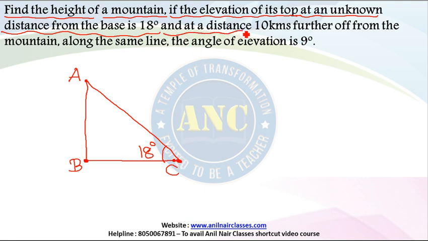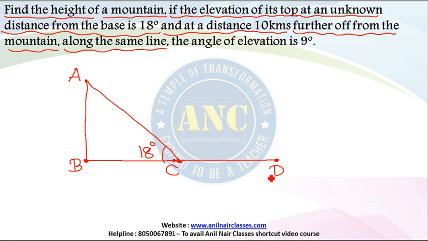And at a distance of 10 kilometers further off from the mountain, along the same line, at a distance of 10 kilometers from this point C, I will find a point called D. Further off from the mountain means moving away from the mountain. CD is along the same line as BC.